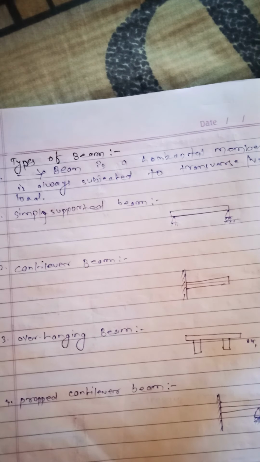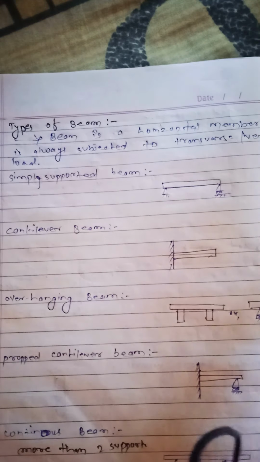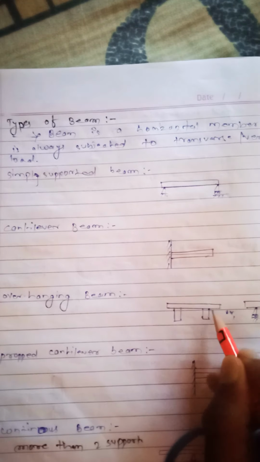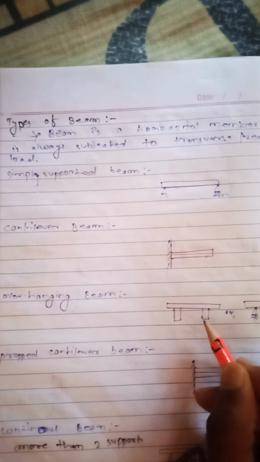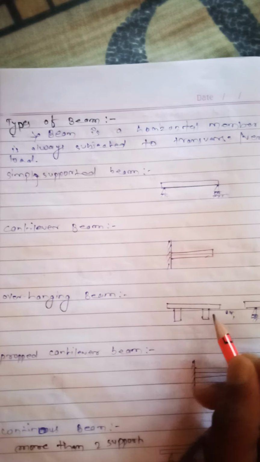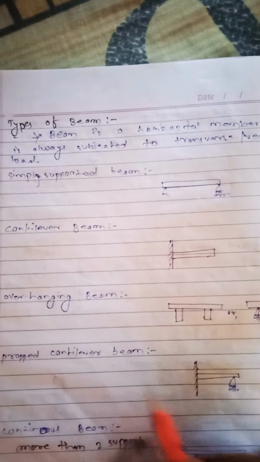Simply supported means at the ends there is a hinge support and a roller support. In a cantilever beam, one end of the beam is fixed. In an overhanging beam, there is a free portion at both ends.